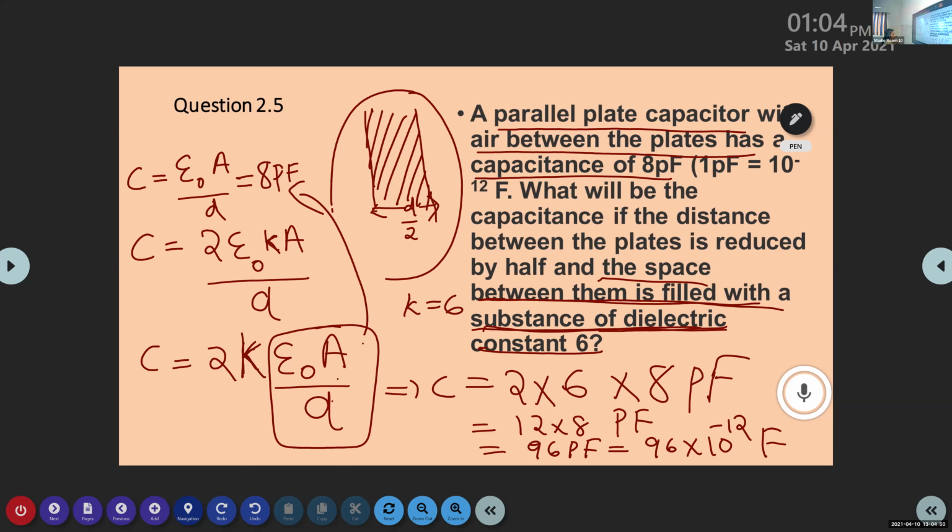So we start from a parallel plate capacitor separated by a medium of air. The equation C is equal to epsilon 0 A by D is given as 8 picofarad.